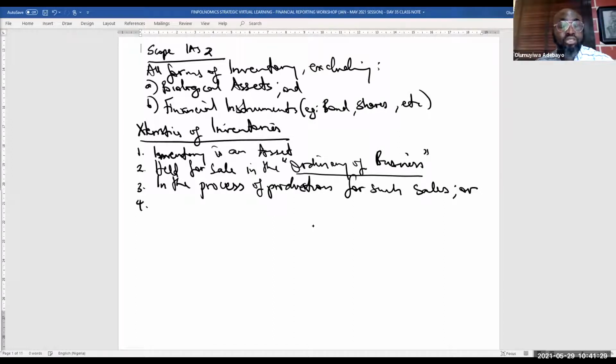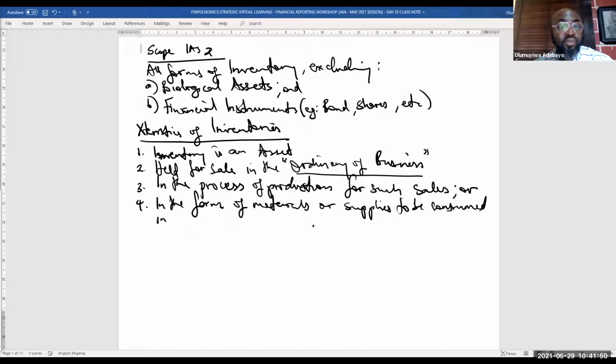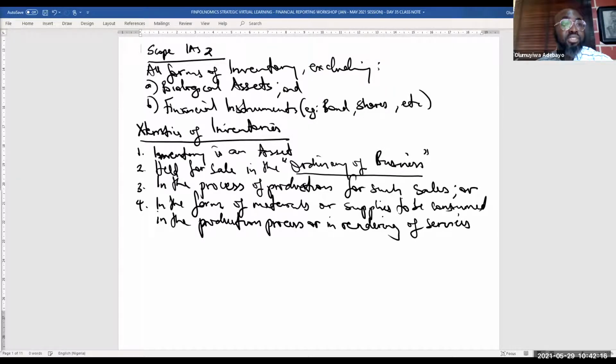Or it could be in the form of materials or in the form of supplies to be consumed in the production process or in rendering of services, which means this slide deals majorly with what we call consumables.